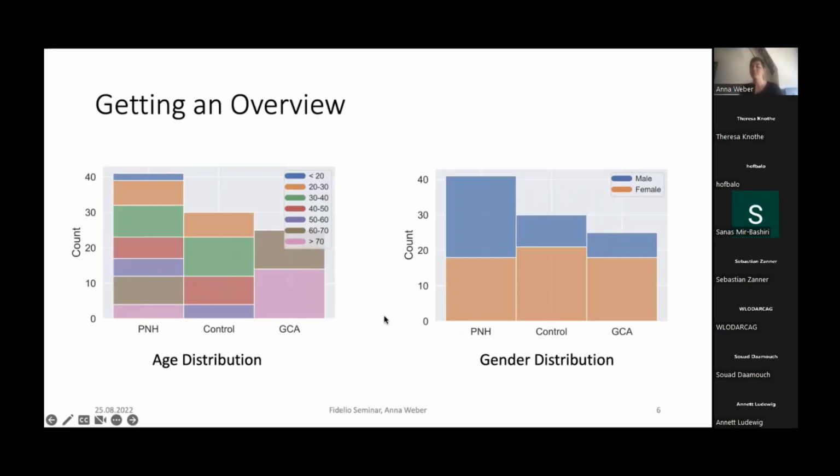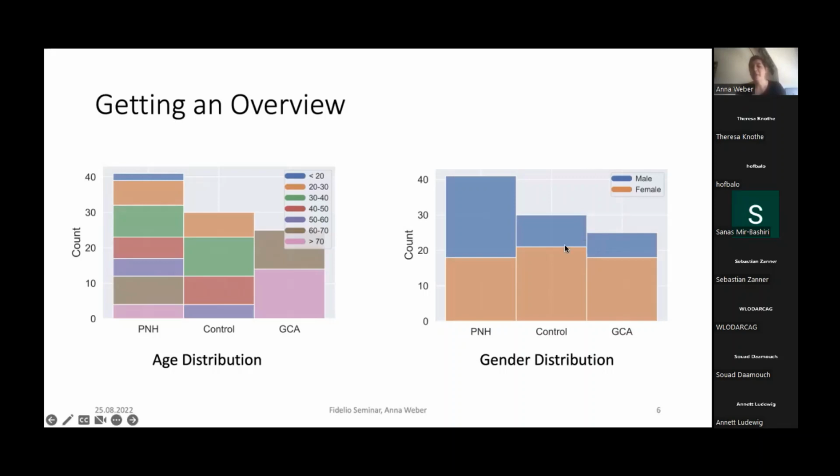And we're going to plot whether that has an influence on some of the factors in a moment, but it's important to know about this and to keep in mind that this can confound our analysis. And also for the male to female ratio, GCA is a disease that occurs more frequently in females than in males. That means that the distribution isn't 50-50 in our data either.